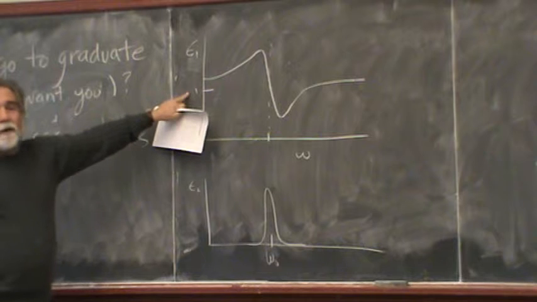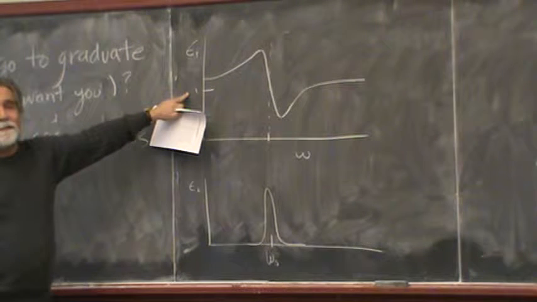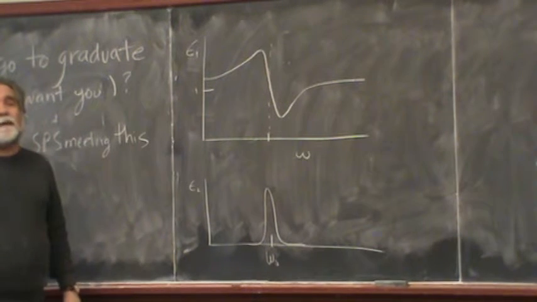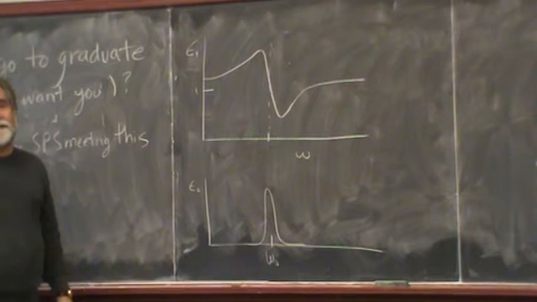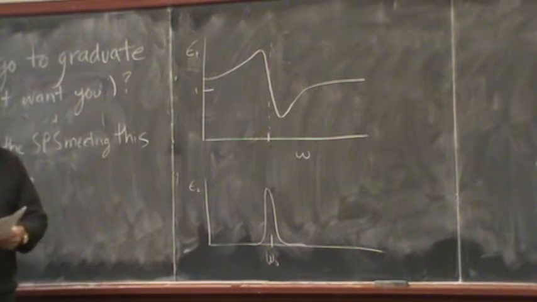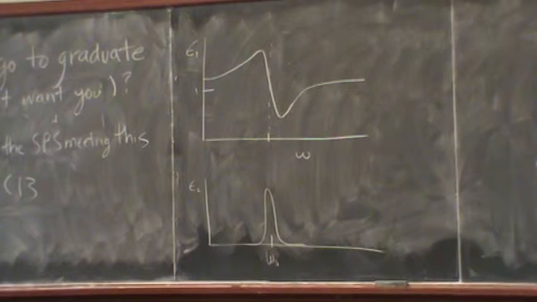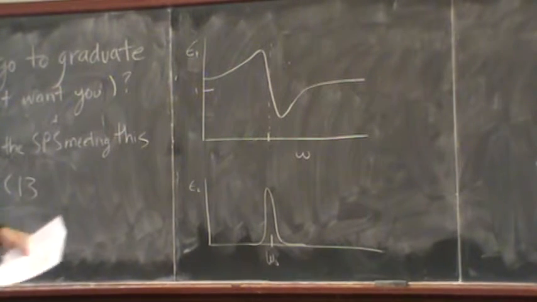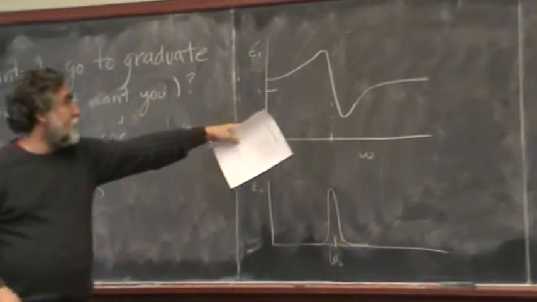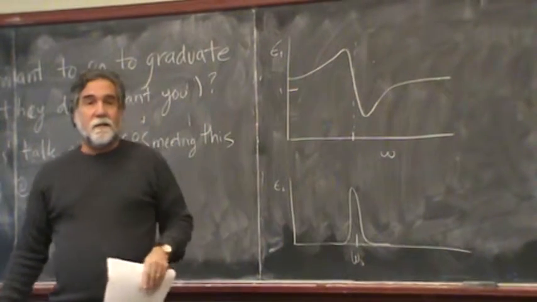The real part of the dielectric function is actually less than 1 over some region. The region where it's less than 1 is where there's actually absorption. There's absorption everywhere here, but there's significant absorption in there.